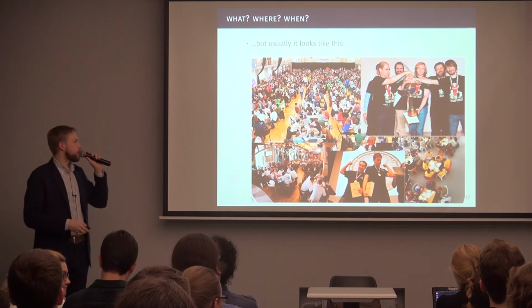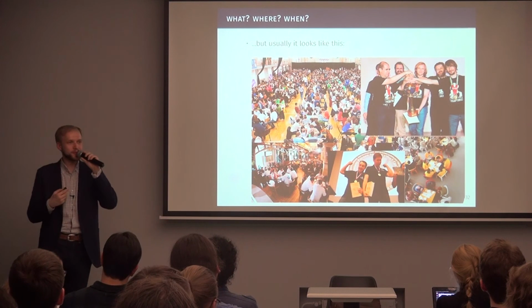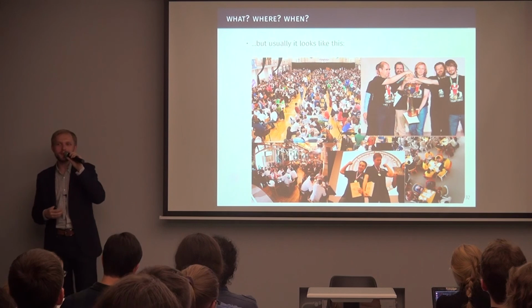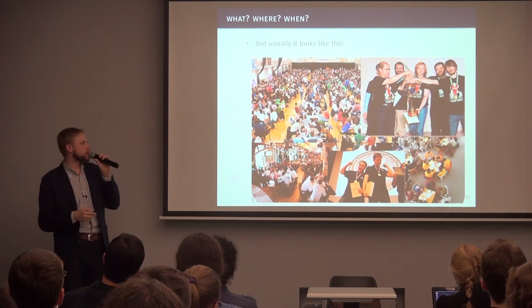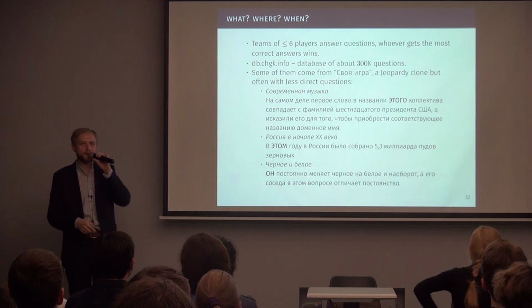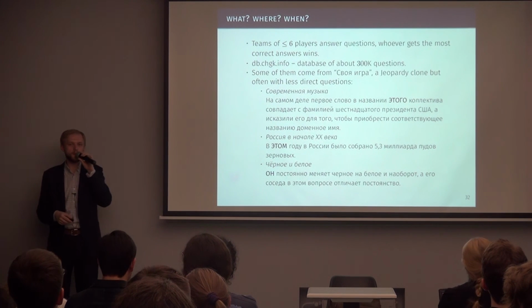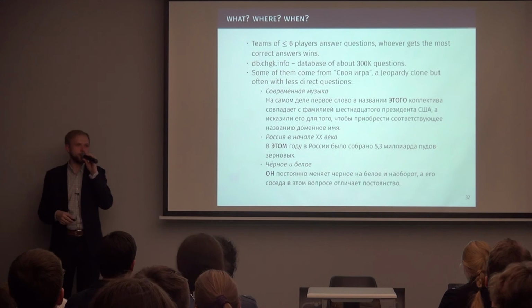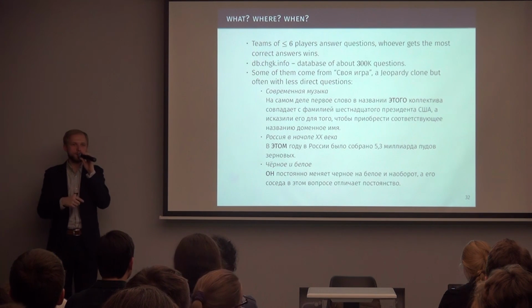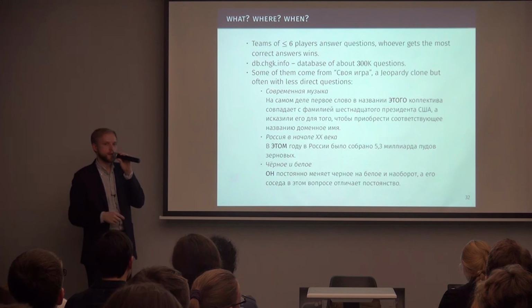Okay. And what is important now to understand is that over the years, it's been like 30 years of Что, где, когда, people have collected a large database of questions. There is a database of about 300,000 questions, which is much, much larger than the databases of questions like the one I just showed.